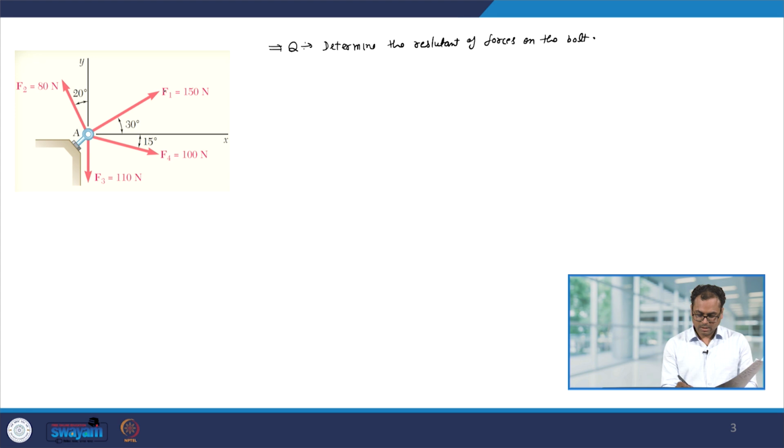You can see here there are four forces, their magnitudes and directions are given, and the question is can we reduce this force system into a single force. First thing we have to see here is that the forces are concurrent because their lines of action meet at a single point.